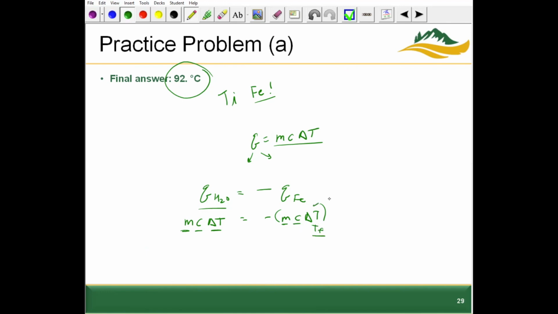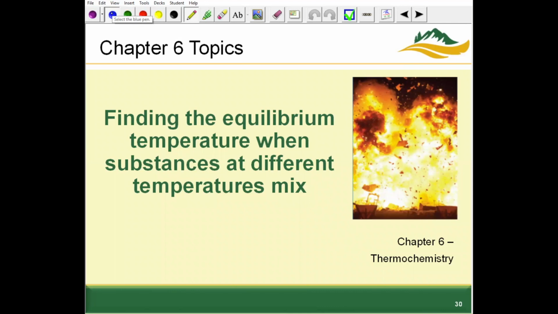Then we solve for T initial using the fact that delta T equals T final minus T initial. So we need to stay really organized here and be able to solve for these different variables in the Q equals MCΔT equations.